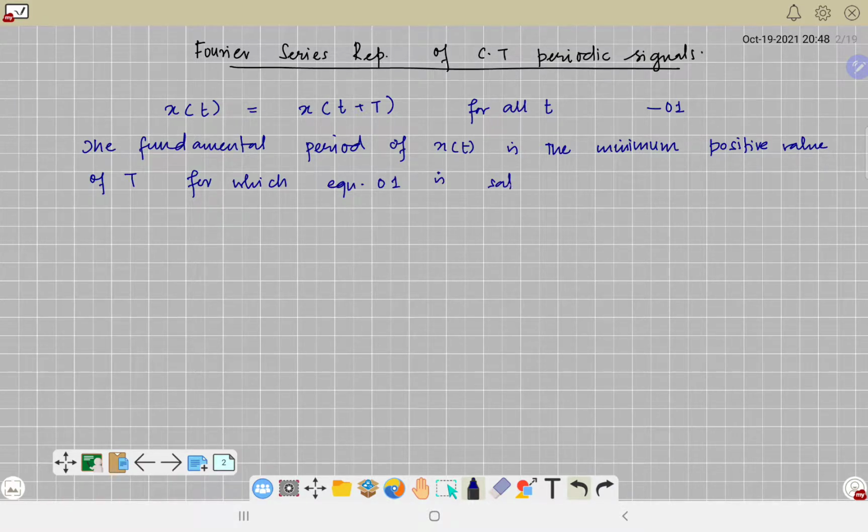Fine. The smallest value of T, obviously there may be some higher values of T for which the signal is repeating, but the smallest positive value of T for which the signal repeats itself, we call the fundamental period. And related to this fundamental period, we have the fundamental frequency.